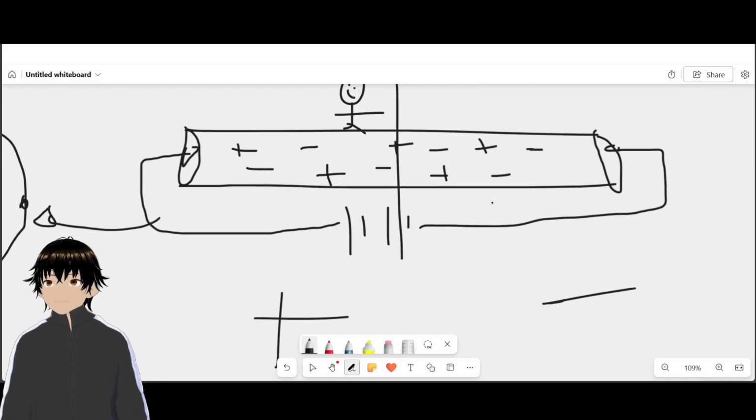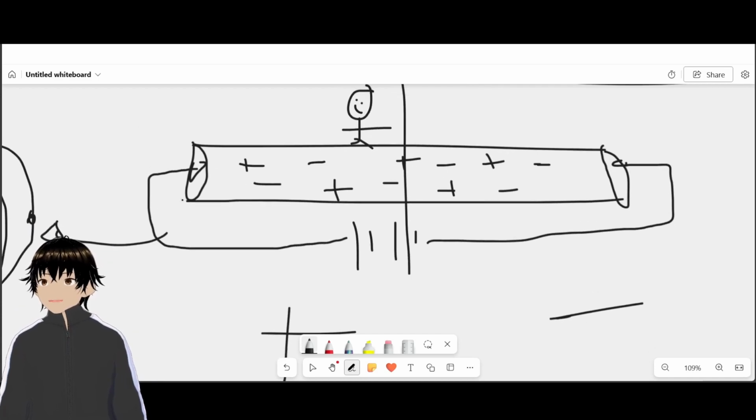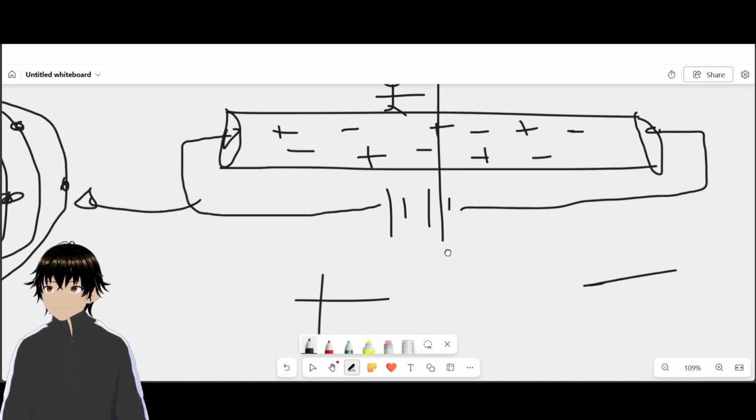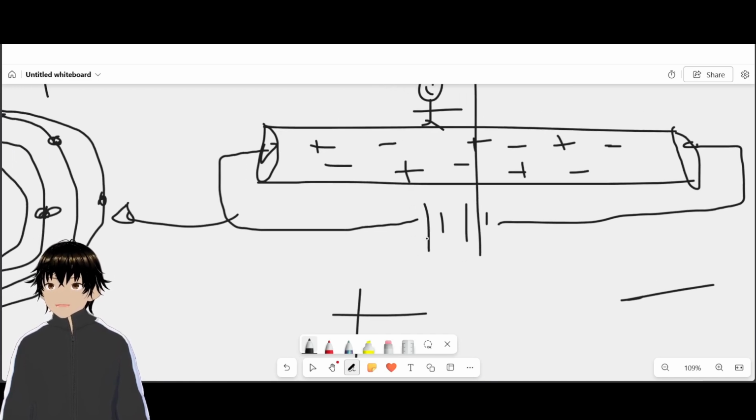So if the left side of this copper wire is a positive charge, since the battery is right here, the long side of the battery is also going to be positive, and the short little line that you see right here is going to be the negative side, as always.